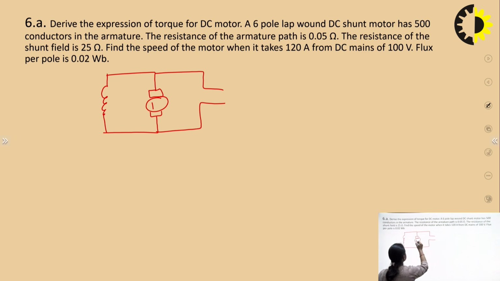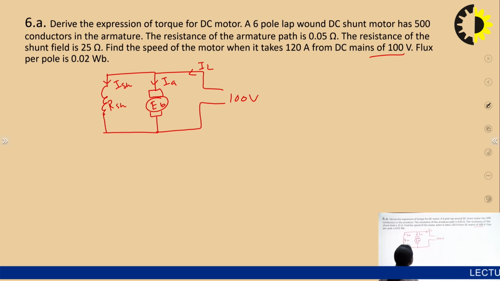Here in the DC shunt motor, back EMF is there, IL is coming from here, and the DC mains is given 100 volt, right, and current will go in the armature. This is Ia, and this is the shunt, so Ish, the resistance of this is Rsh. Okay, now we will see what the given values are.